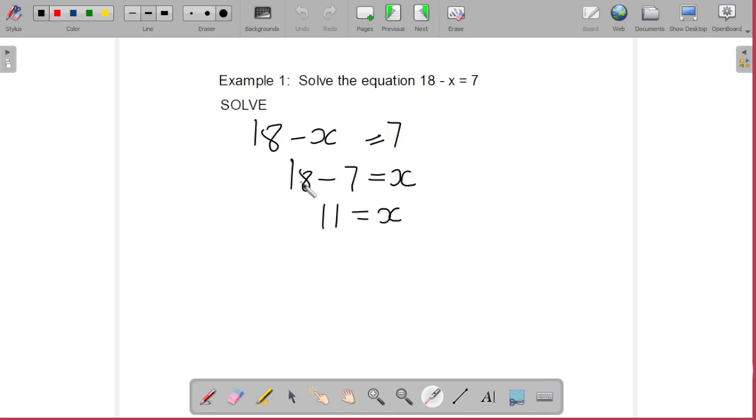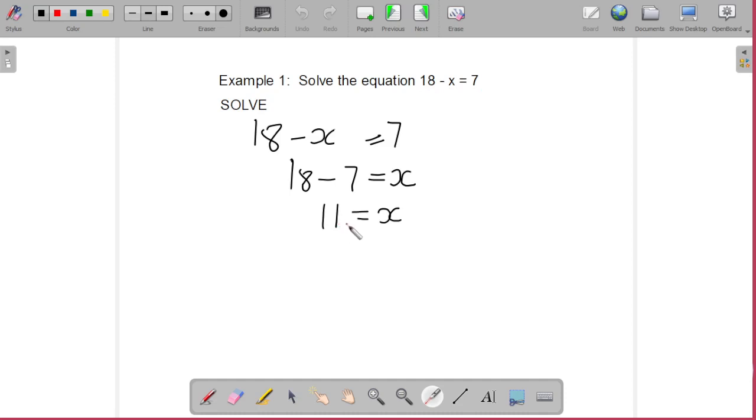So we have 18 minus 7 equals x. Now that we have numerical values, we can perform the subtraction. 18 minus 7 gives us 11, and our x remains. So the value of our unknown, or the solution of the equation 18 minus x equals 7, is 11.